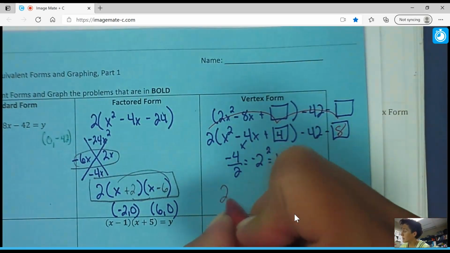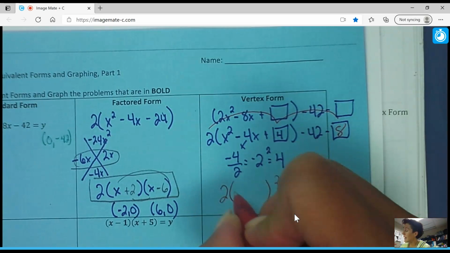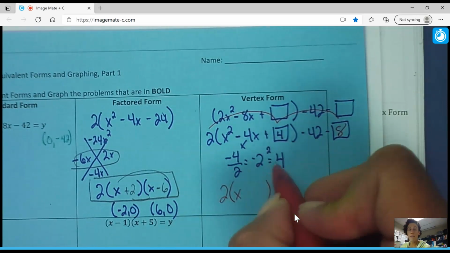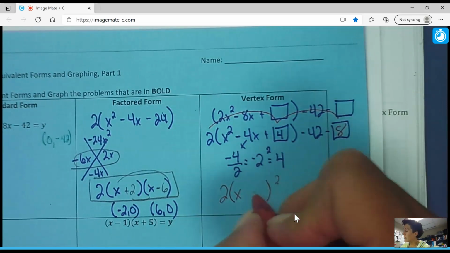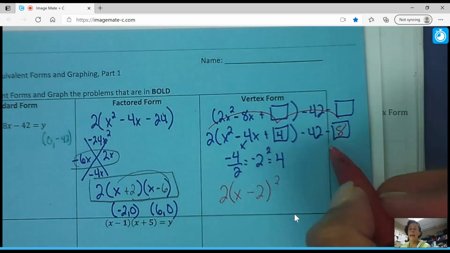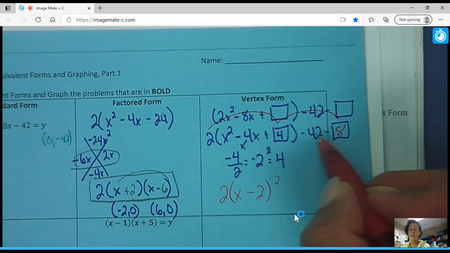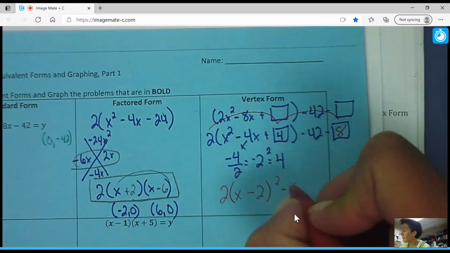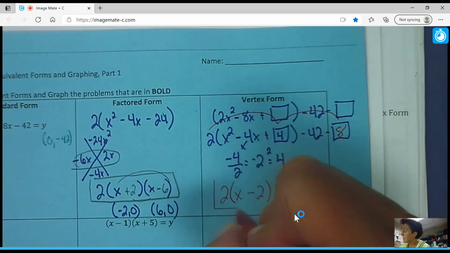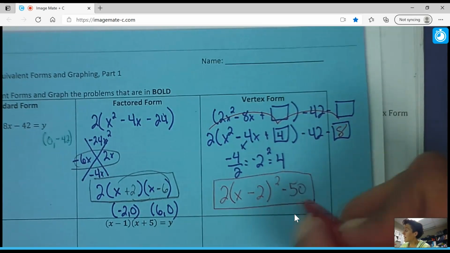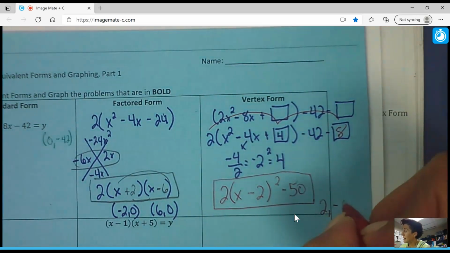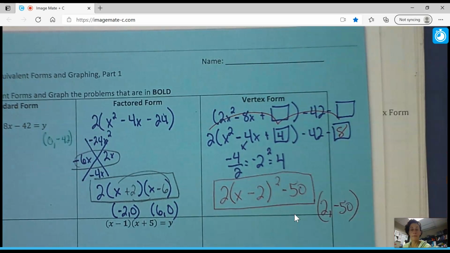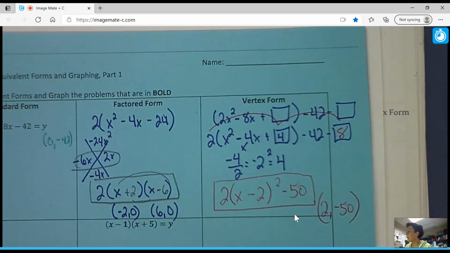So 2 starts it, in the parentheses squared I'll have x, and whatever's in front of this squared is what is in front of this squared. And then I'll go to the end and I'll take -42 and subtract 8, which gives me -50. So there's vertex form. And from there I get the vertex of (2, -50). Okay? So let's take a look at the next problem.